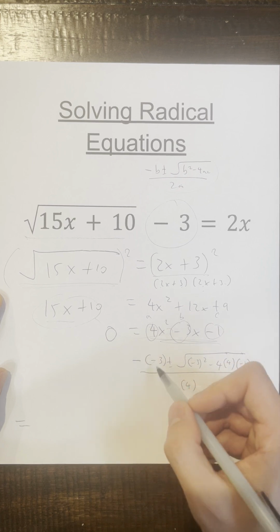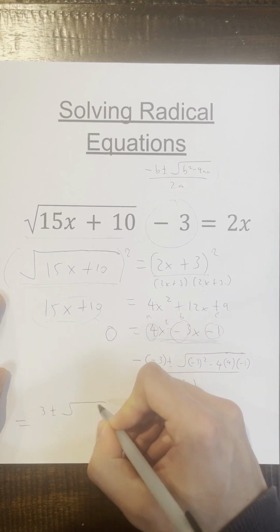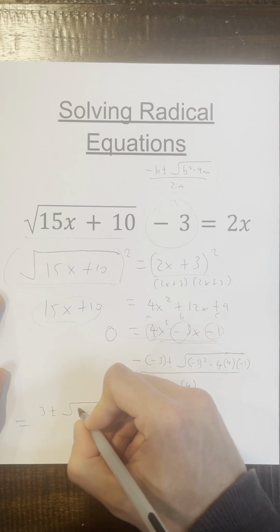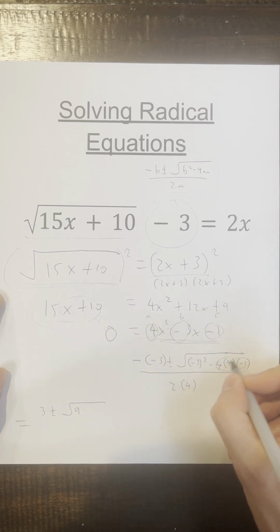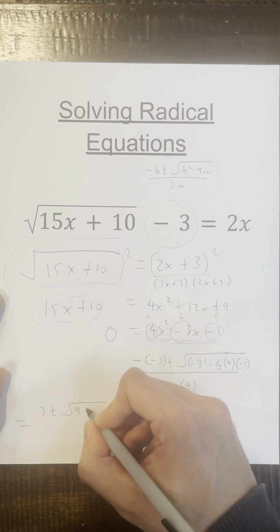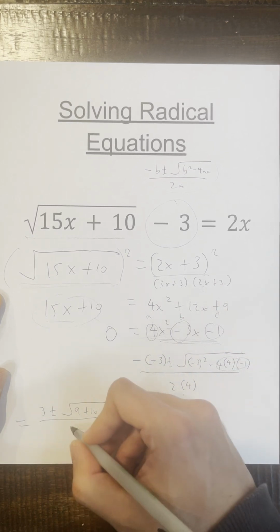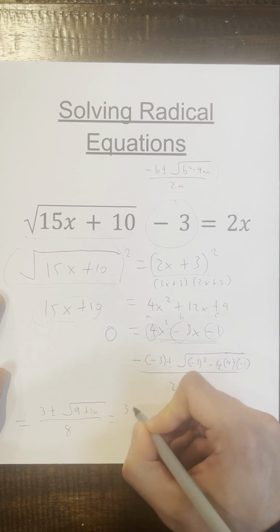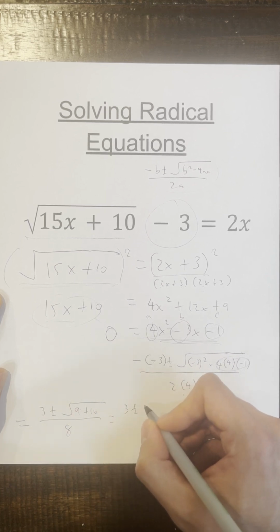And negative 3, well, that's just 3 plus or minus square root of 9. So this becomes negative 16. So minus negative 16, so it's plus 16 over 2 times 4, which is how much? 8. So 3 plus or minus, this is square root of 25, which is just how much?